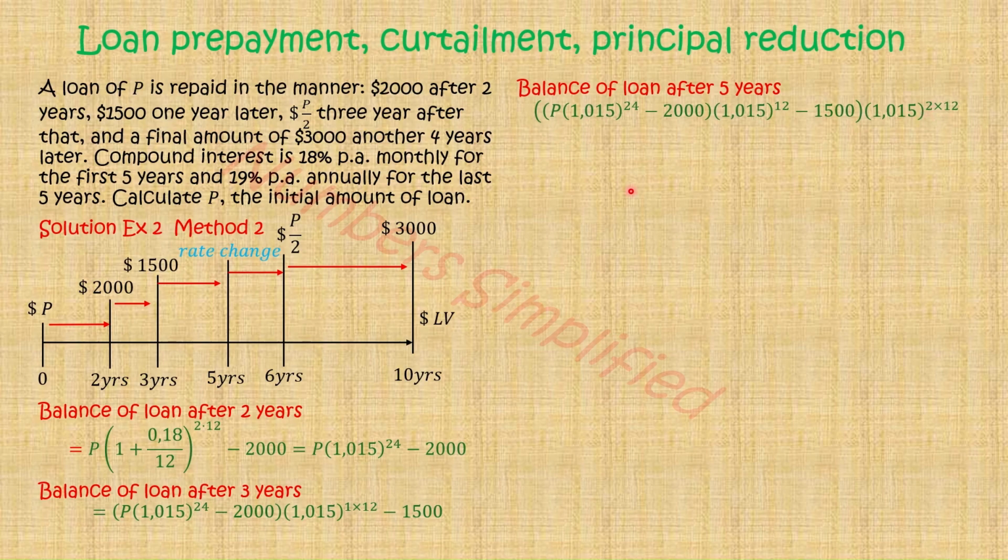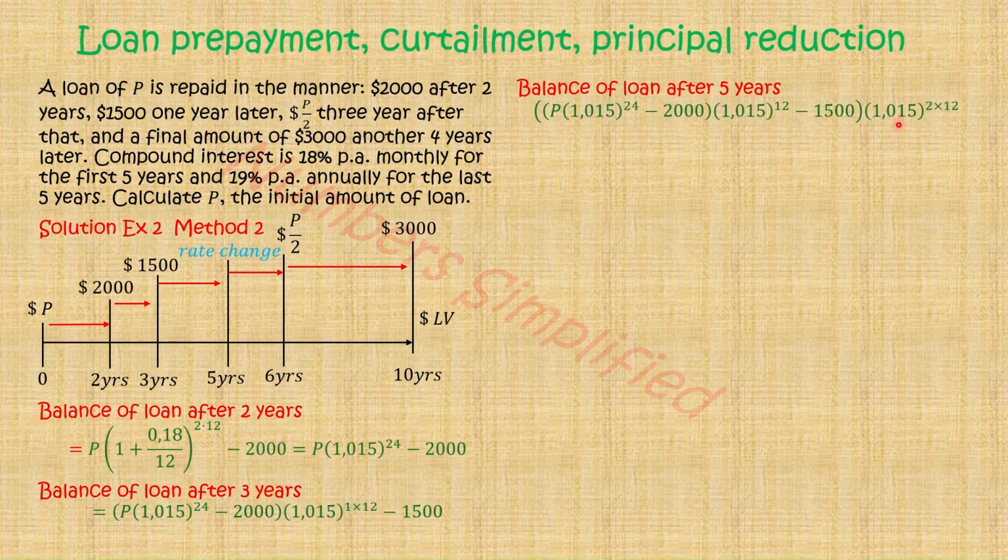Then we are considering the balance that was there for the loan in the 3rd year, which is that chunk that we have over there inside the first set of parentheses or brackets, ending with minus 1,500.